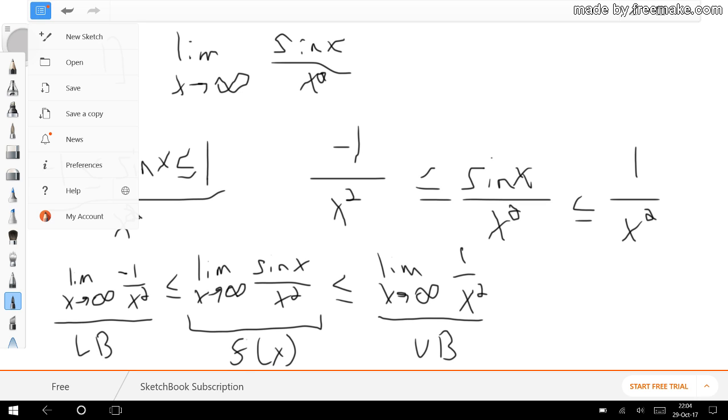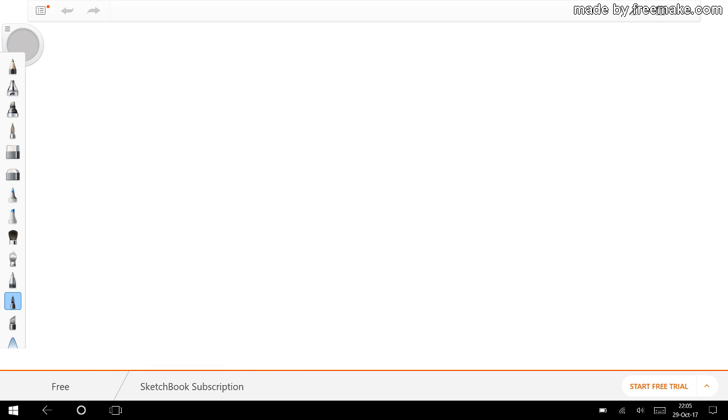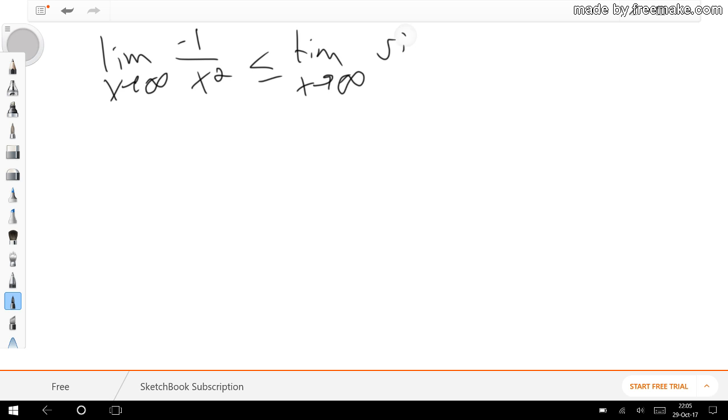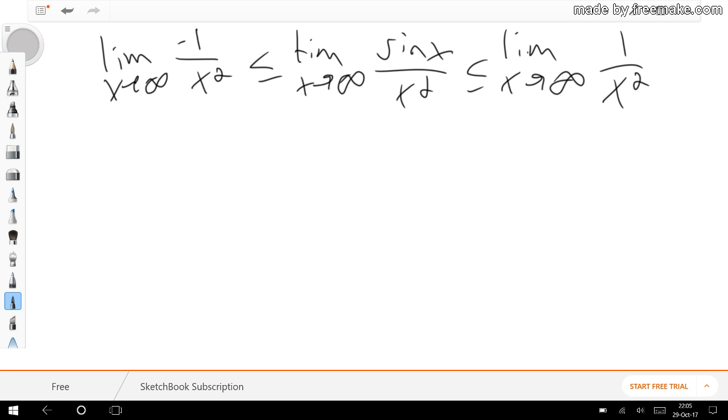So if you'll just give me a second, I'm going to rewrite all of that because I ran out of space. So limit as x approaches infinity, -1 over x squared, less than or equal to that limit of sine x over x squared, which is less than or equal to the same limit of 1 over x squared.